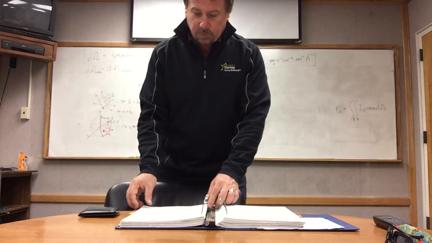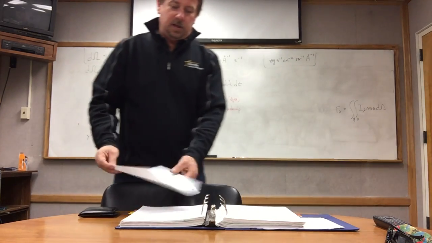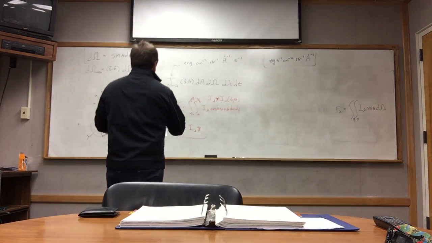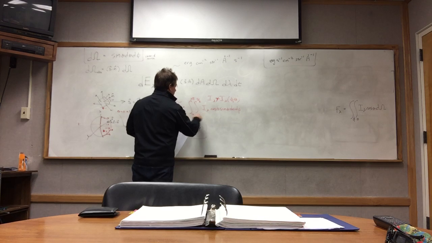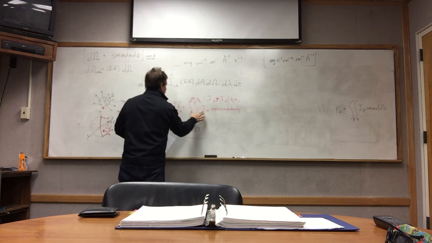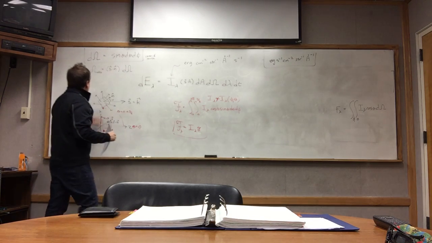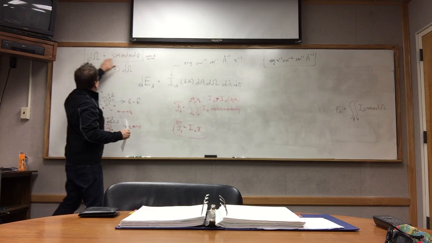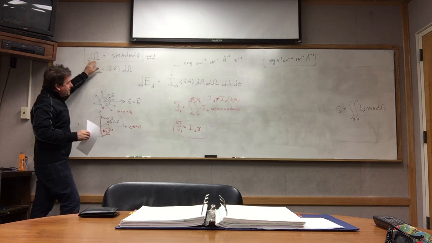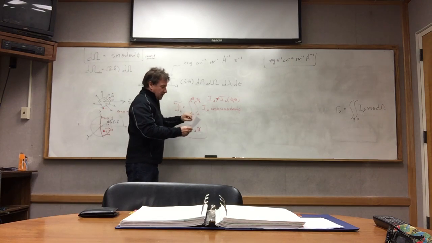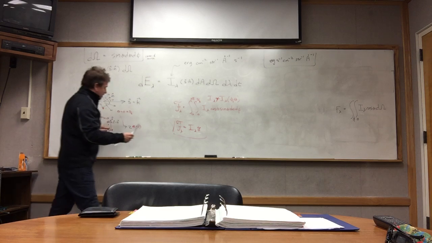Okay. Now this is the equation for the surface flux. Notice that there's no dependence upon the radius because we're using the d omega on the surface, okay? And there's no dependence on the observer distance.